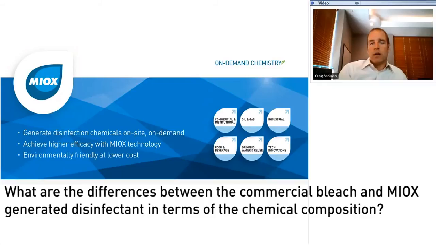Just 2 weeks ago, I was in Bogota, Colombia, where we have one of our larger installations. And at that facility for years, they've always been using gas chlorine in large 1-ton cylinders. And the municipality recognized that as a potential risk both to their employees and the surrounding community. It's a very large system, 30, 40, 50 million gallons per day of treatment, depending on the season.